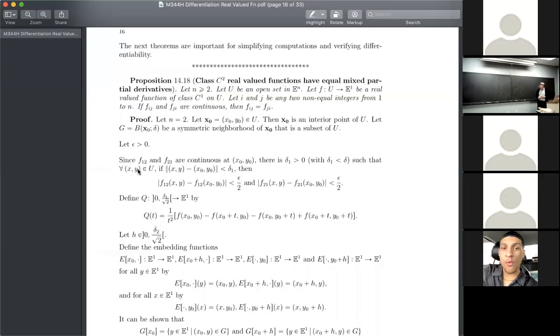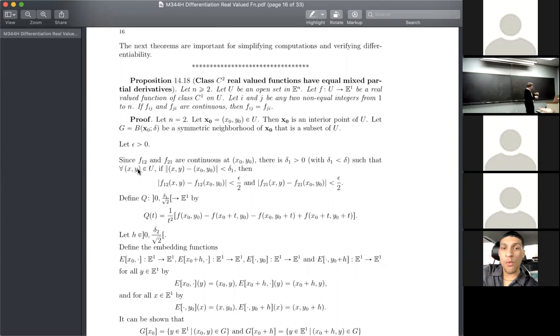Okay, so as I said, the two things here. One, if the function is of class C2, all the mixed partials are equal. The conclusion is true. But we don't have to assume that this one is continuous and the F22 is continuous. In other words, we can still prove the theorem with fewer assumptions.